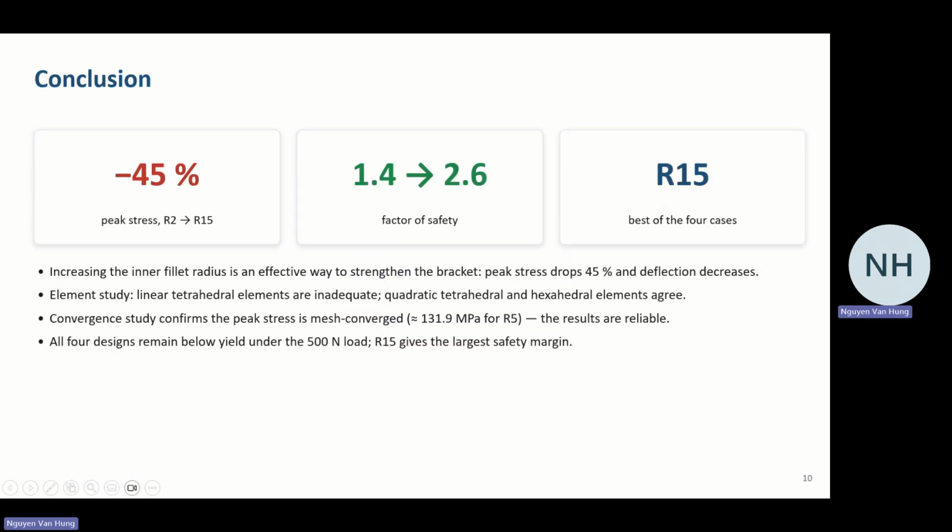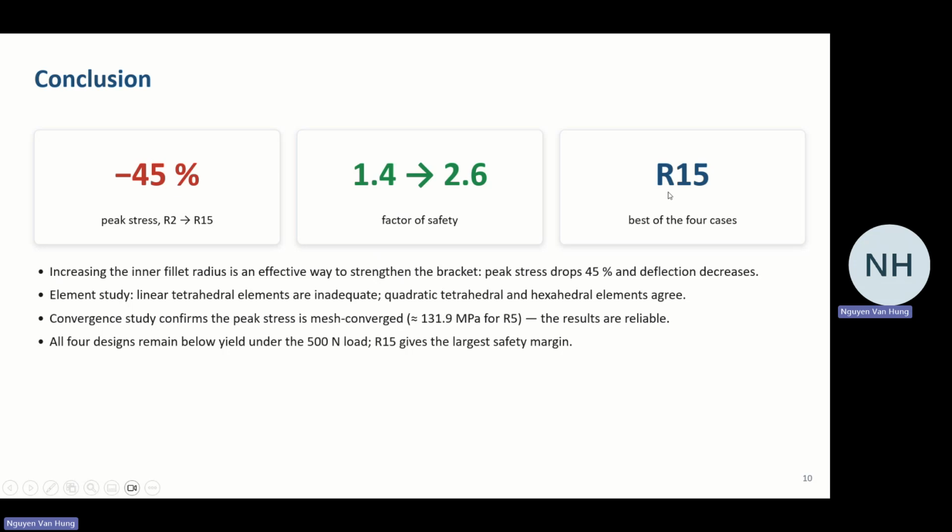To conclude, increasing the fillet radius clearly strengthens the bracket. The peak stress drops by 45% and the deflection goes down as well. The factor of safety improves from 1.4 to 2.6, and R15 is the best of the four.